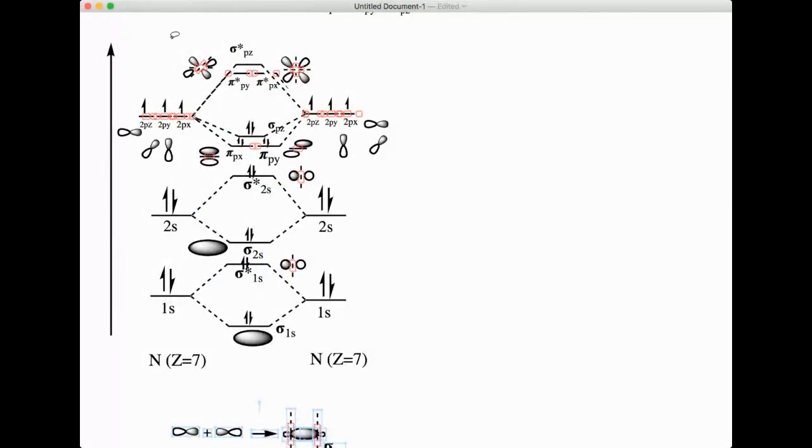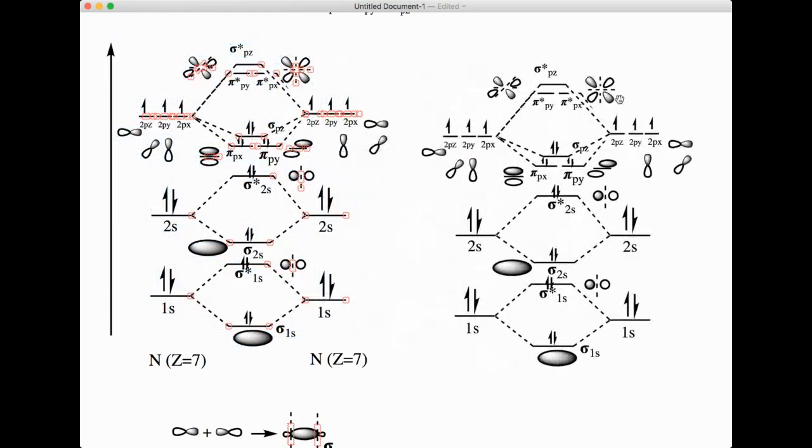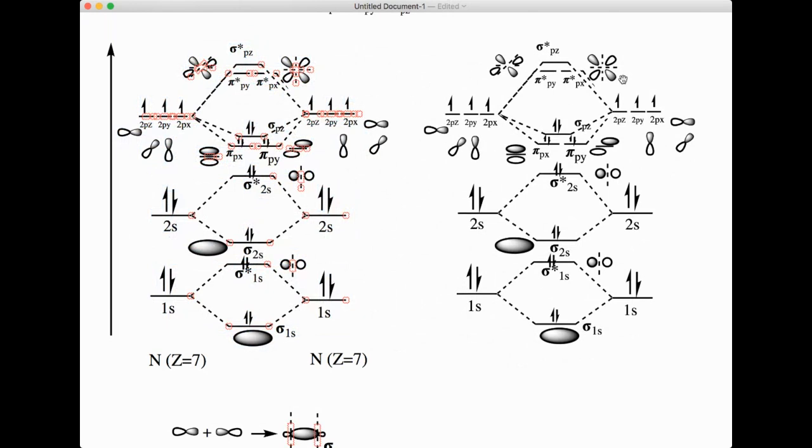And then let's do the same analysis that we just did. In this case, we were looking into the molecule of N2. Now we're going to do the same analysis by looking into the molecule of O2.